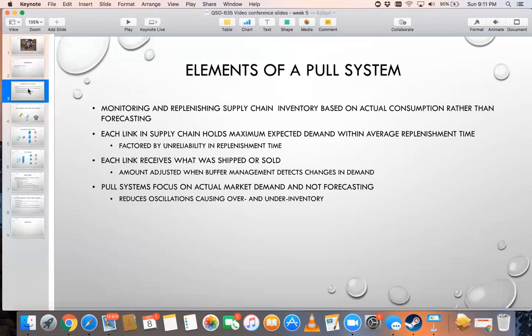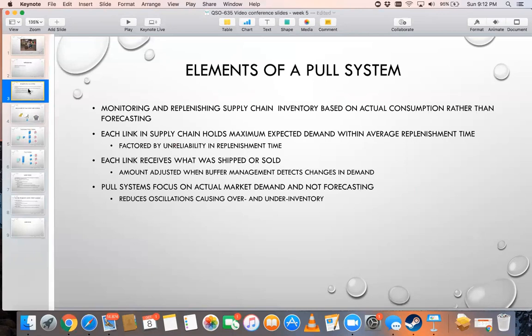Then you've got to have a pre-consumption level. Basically, there's a level at which we say, okay, the lead time is such that we need to order when we hit maybe 600, so that we make sure that we have 800 in the system. So all these decisions in a push system are based around large batches.